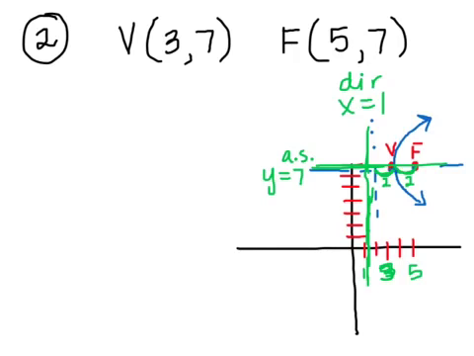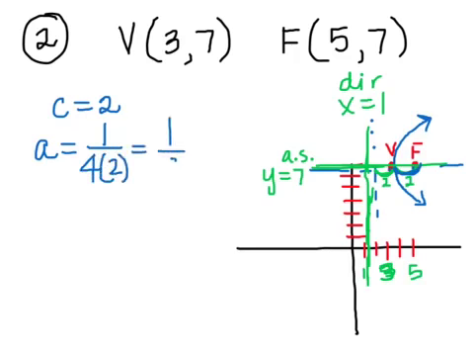So since the distance between the focus and the vertex is a distance of 2, we know that C is 2. That's our focal length. And therefore we can use A equals 1 over 4C to help us find A. And so A is 1/8.